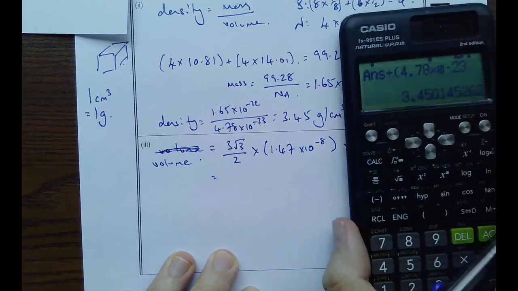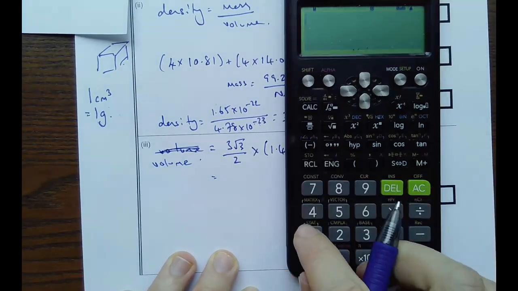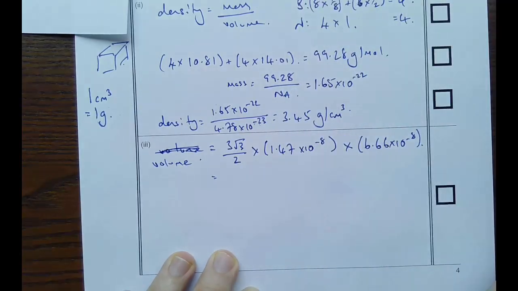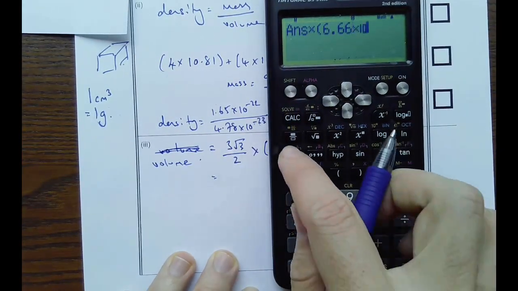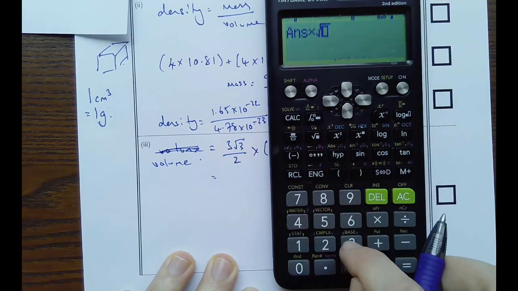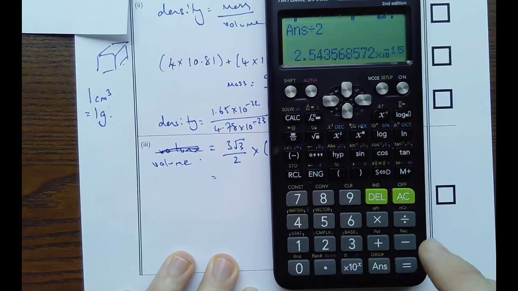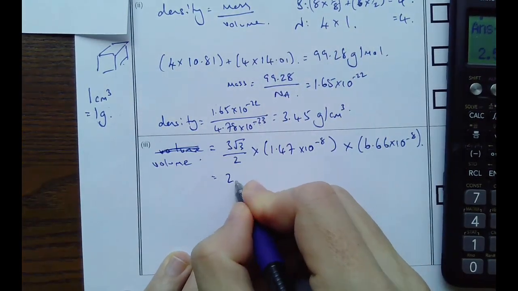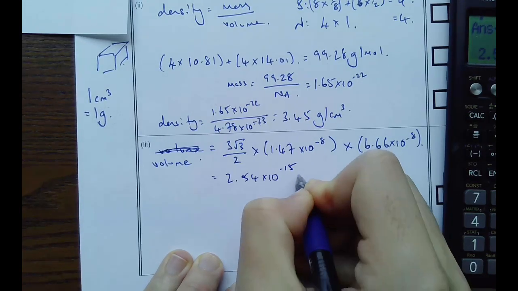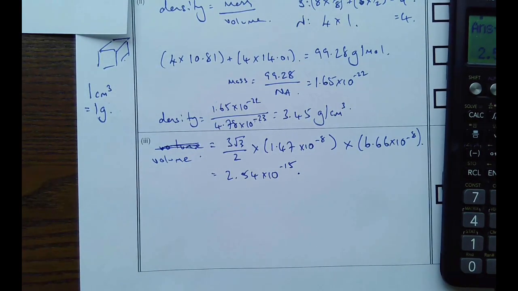Okay, so 1.47 times 10 to the minus 8 multiplied by 6.66 times 10 to the minus 8 multiplied by 3 root 3 divided by 2 gives me 2.54 times 10 to the minus 15, which is not the correct answer.